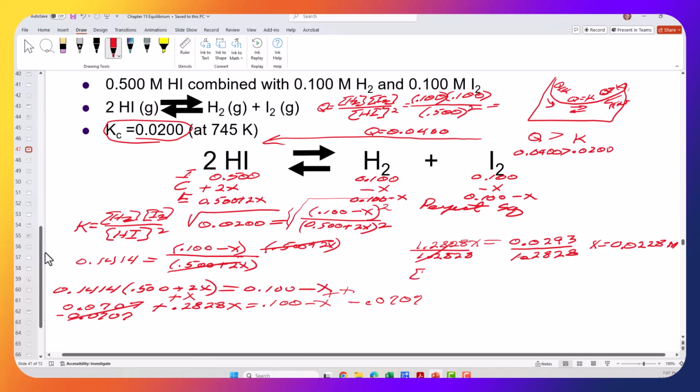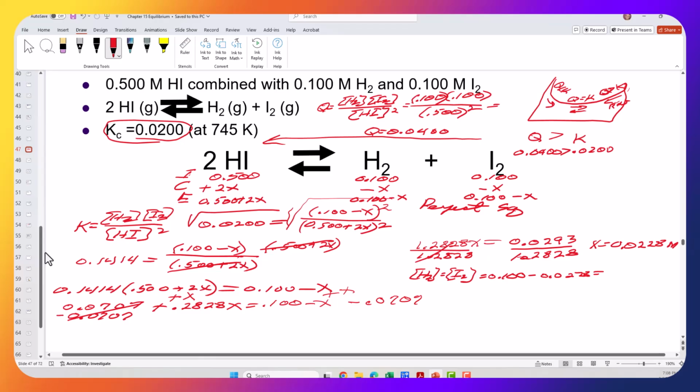So my H2 concentration, which will equal my I2 concentration, will be equal to 0.100 minus x, which is 0.0228. And let's see what that gets. 0.1 minus that.